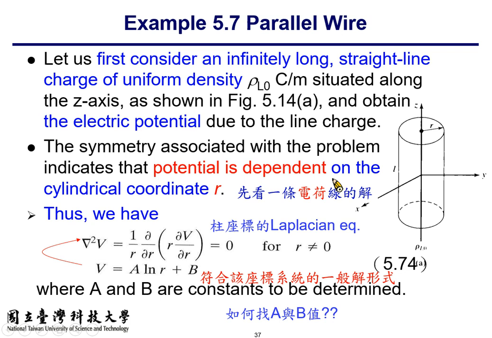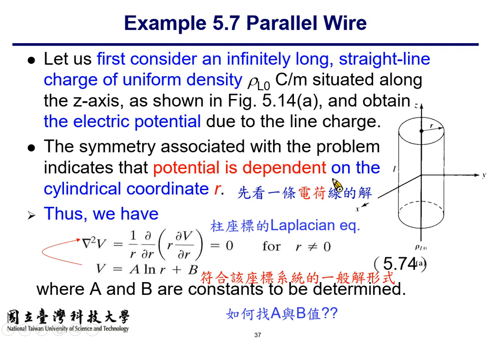It's invariant to z and also invariant to phi variation. So the only variable pertinent to this problem is r.